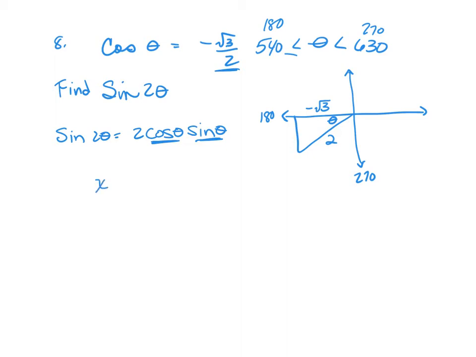So we have x squared plus root 3 squared equals 4, which is 2 squared. X squared plus 3 equals 4. X squared equals 1. X equals 1. The sine of theta is going to be negative 1/2.